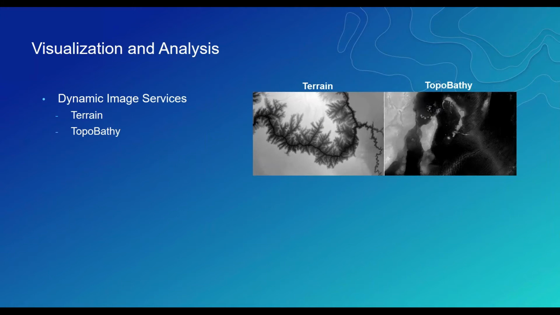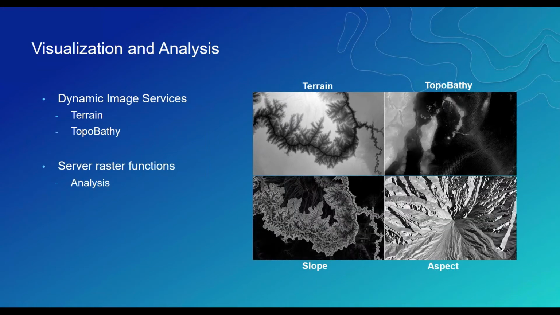So Esri makes it easy to work with the elevation data by offering two dynamic World Elevation image services, Terrain and Topography. In Terrain, the ocean is represented as flat with elevation values of 0, while Topography, as the name suggests, integrates topography and bathymetry into one seamless layer. These services have server-side functions defined to generate on-the-fly derivatives such as slope and aspect.